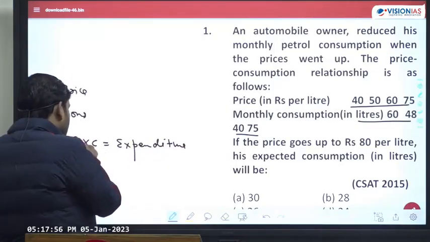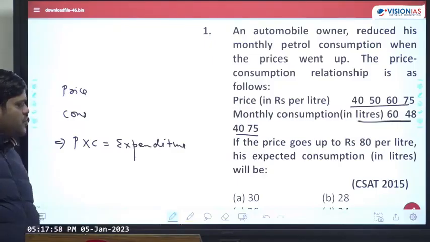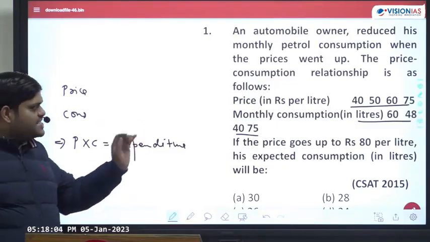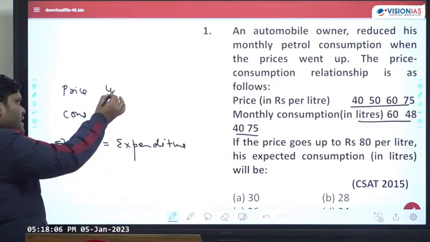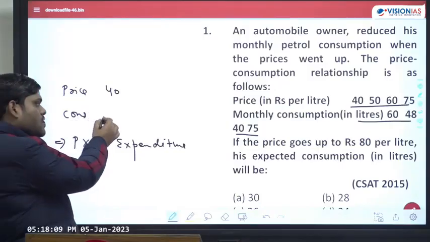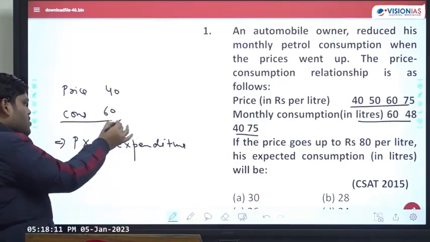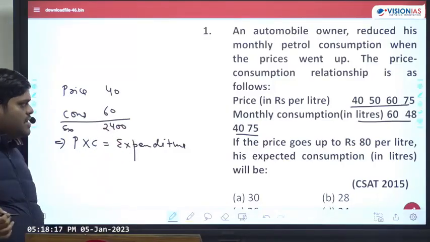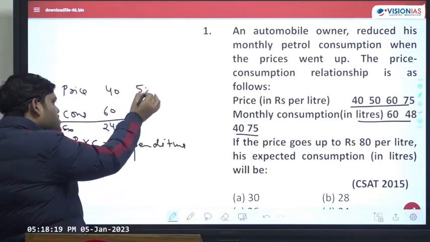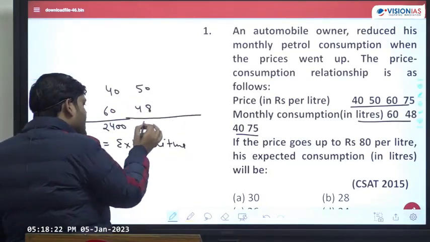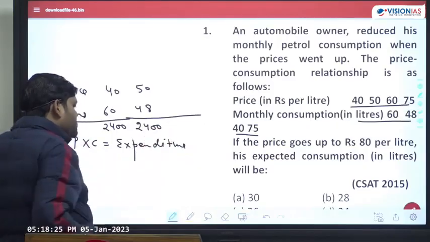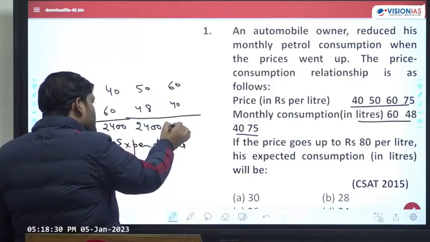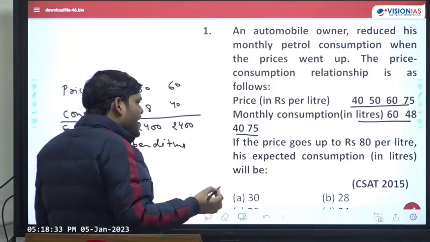So if the price was 40, the consumption was 60, that means total expenditure was 2,400. In the second case, the price was 50 and consumption was 48, again total expenditure is 2,400. Third case, 60, 40, 2,400.